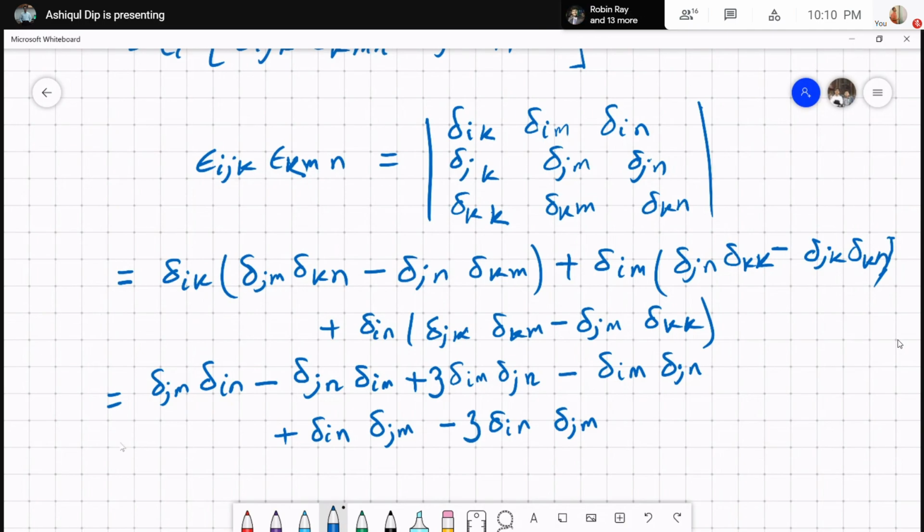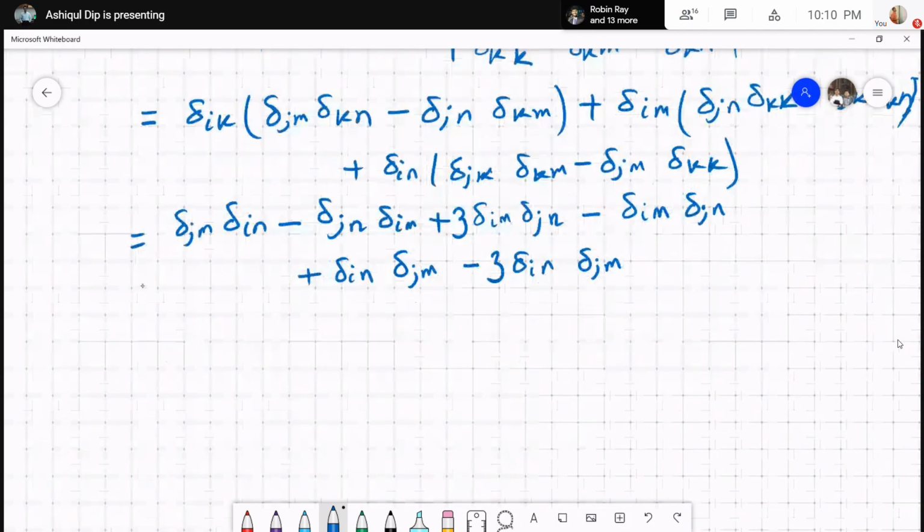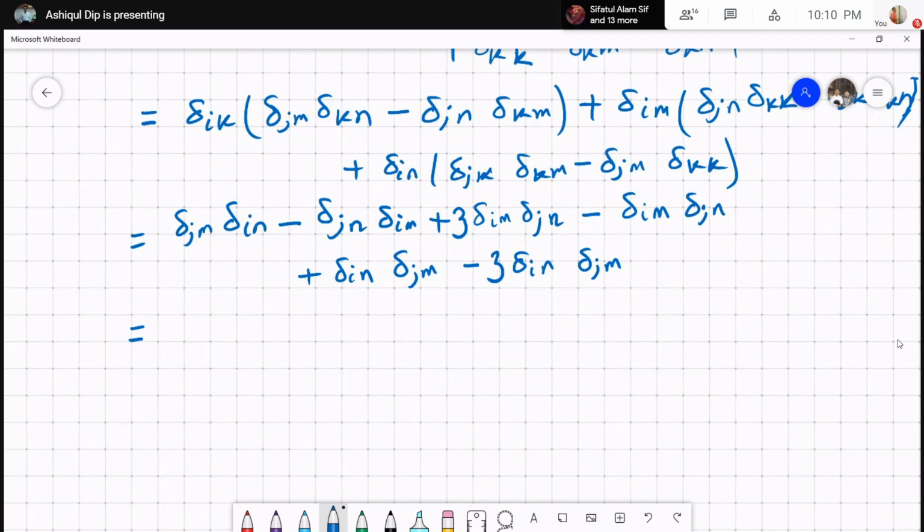So now we are almost done. Can you do the algebra? Can you find the similar terms? First look for the term delta im, delta jn. These three terms are the same.